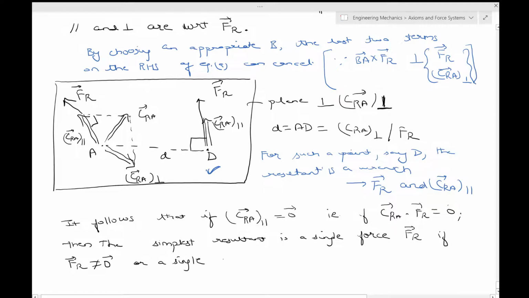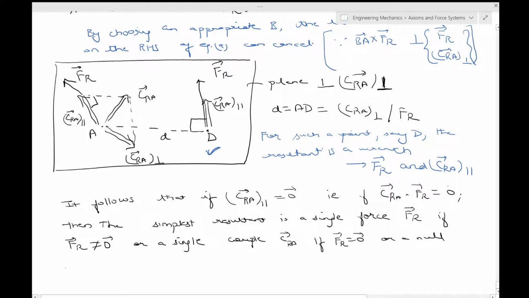Or a single couple, CRA, if FR is equal to 0, or a null system. If FR is equal to 0, CRA is equal to 0.